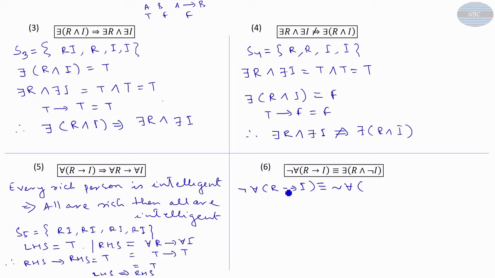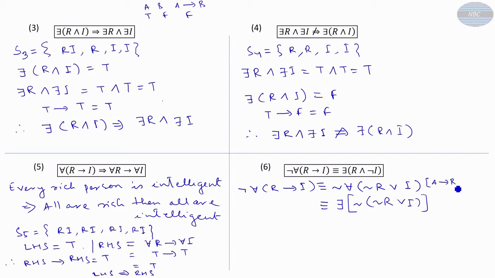R implication I can be written as negation R or I. Now let us write this negation inside the bracket. The universal quantifier will become an existential quantifier. Here we have used the formula.